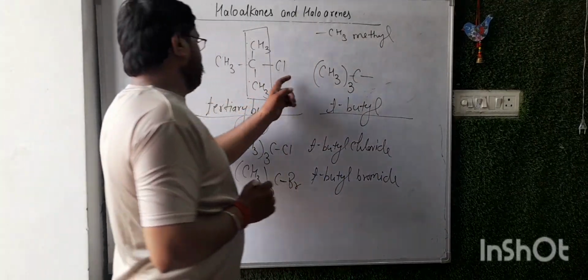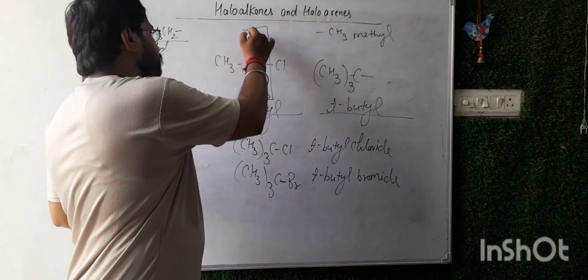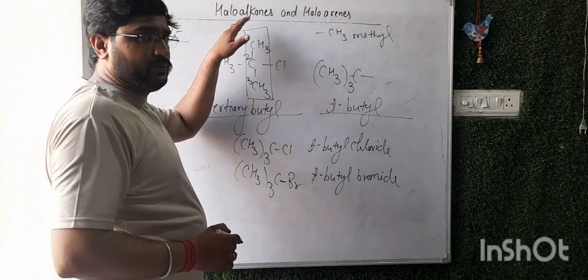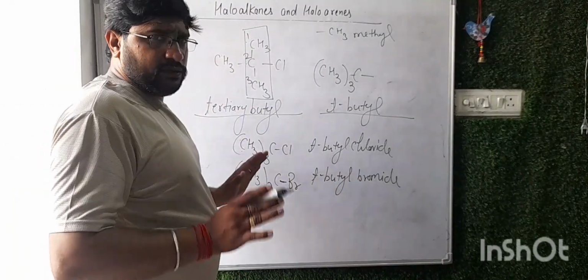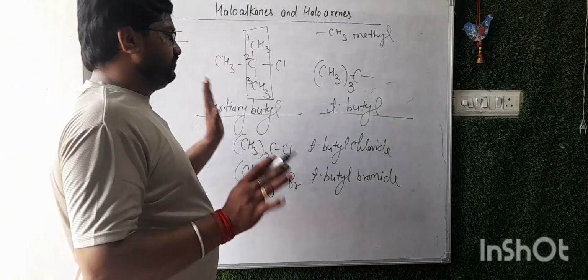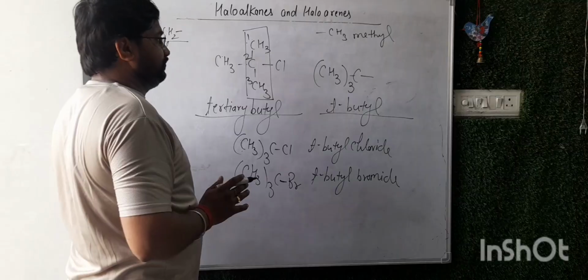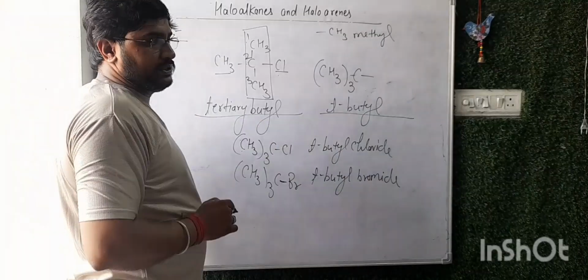And the middle carbon has the chlorine and methyl, and they are coming at the same position. Okay, so we number 1 2 3, either from top to bottom or bottom to top. Clear? The IUPAC name does not change, either way 1 2 3, it does not change the name. So the second position has chlorine and the second position has methyl.